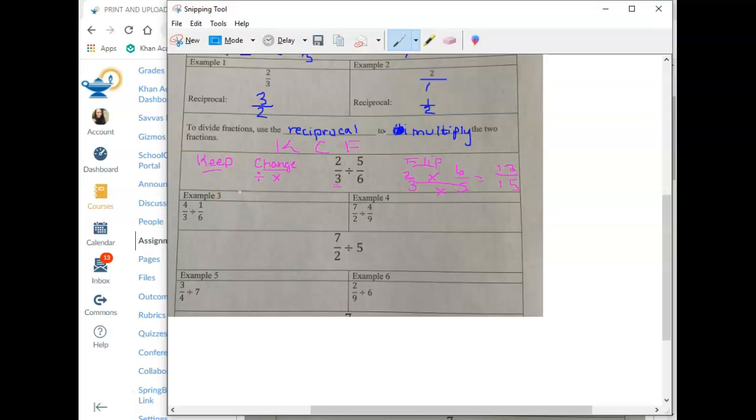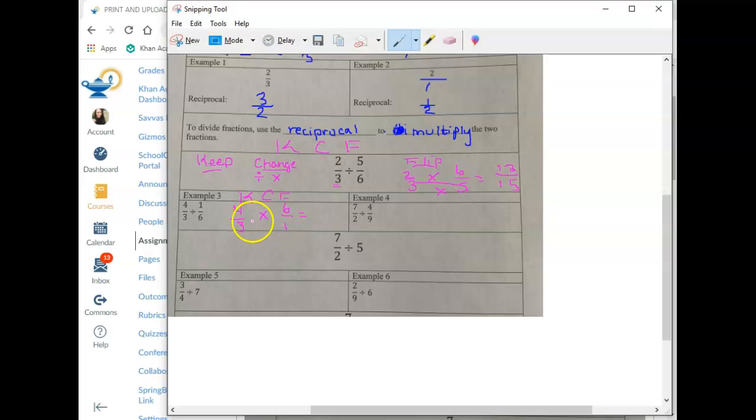Let's look at example number 3. I see 4 over 3 divided by 1 over 6. I'm thinking keep, change, flip. So I'm going to keep 4 over 3 the same. I'll change division to multiplication. And I'm going to flip 1 over 6 to 6 over 1.